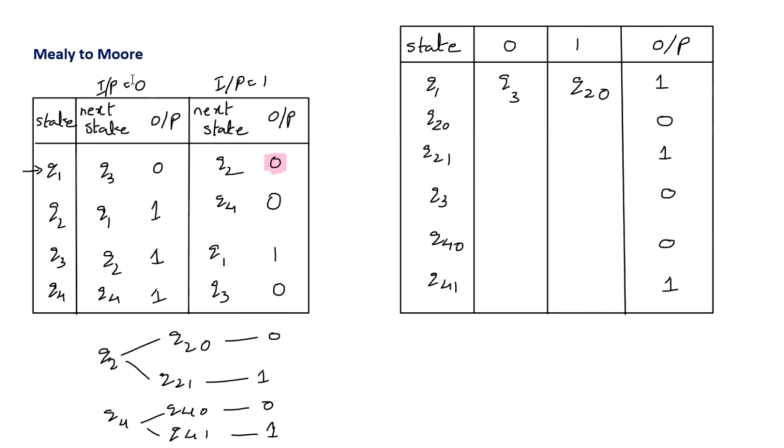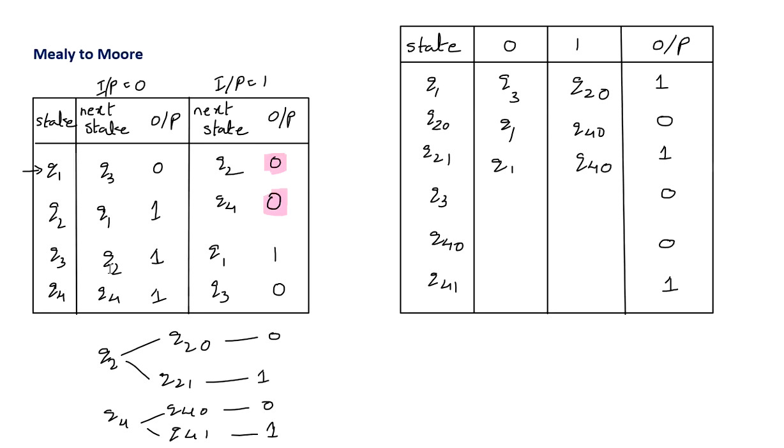Next is Q2 on 0, it is moving to the state Q1, so we need to write Q1 and Q1 for both Q20 and Q21. Q2 on 1, it is moving to the state Q4, but there is no Q4 state in the Moore machine. If you observe here, output is 0, so we need to write Q40 and Q40.